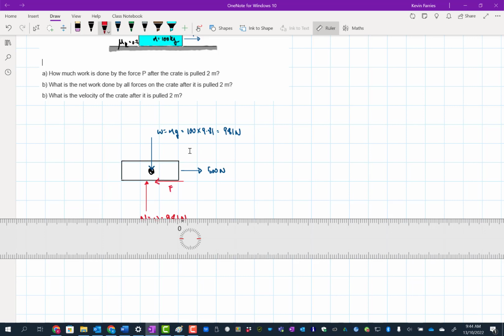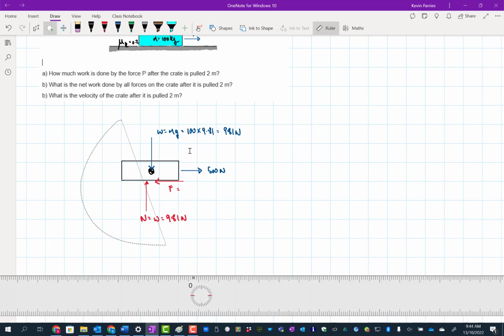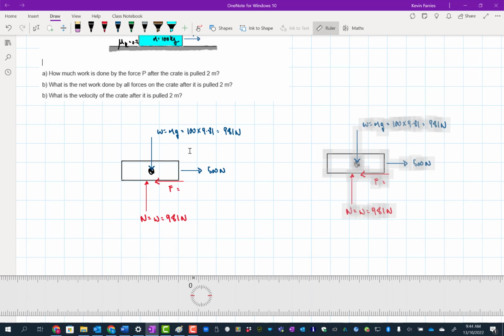Let's calculate the friction at the side. Just move my diagram to the right hand side.